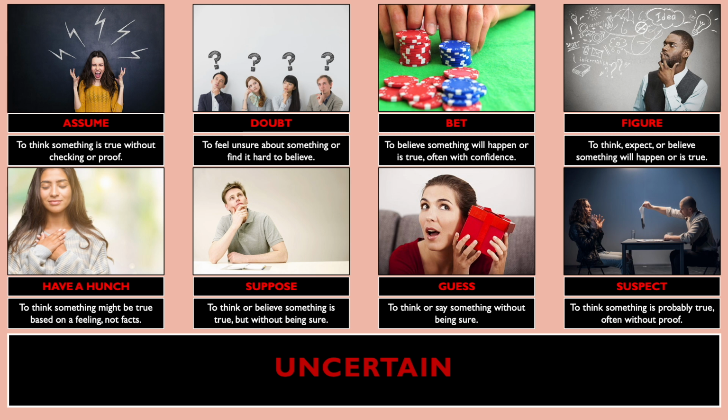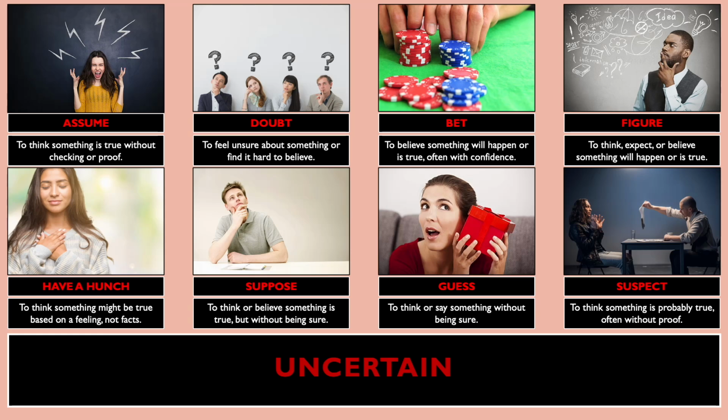Now, the opposite, when you are uncertain or when you are not sure about something, these are some verbs or some expressions that you can use and their meanings. Assume. To think something is true without checking or proof. Doubt. To feel unsure about something or find it hard to believe.